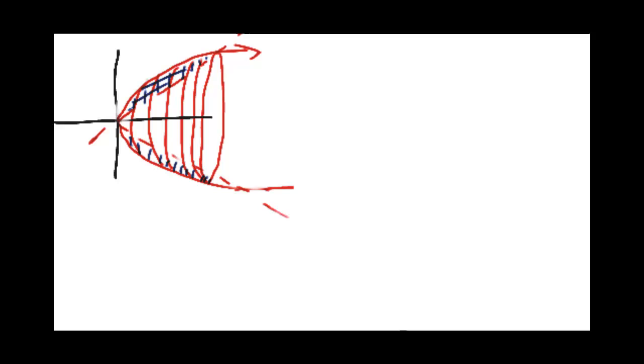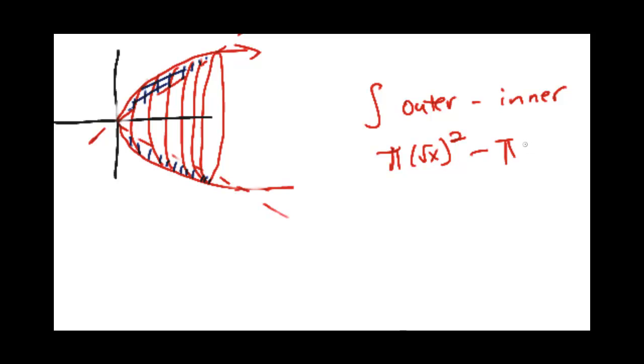Let's actually apply the formula now. It's going to be the integral of the outer minus the inner areas. The outer function was root x, so it would be pi root x squared minus pi x squared, x being the inner radius, going from 0 to whatever that point is.